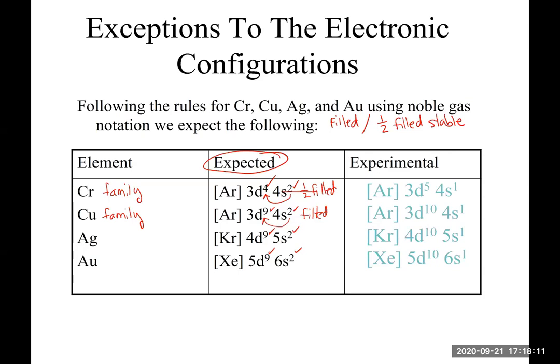This is how they determined this experimentally. They didn't just look at it and say, I think they'd rather have 10 than 9, or I think they'd rather have 5 than 4. What happened is they were experimentally evaluating electron distributions, like you'll see in the videos for quantum mechanics and Bohr's model.